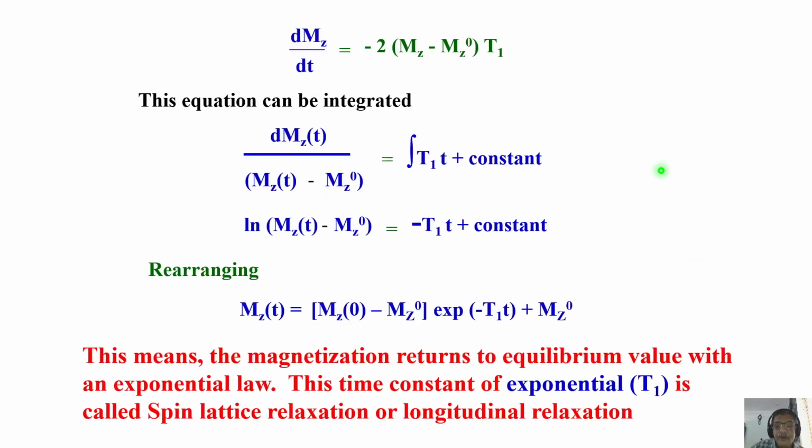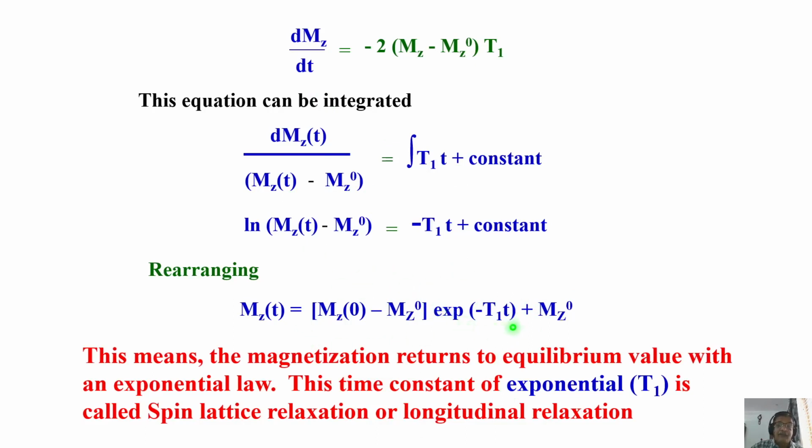Remember. Okay, so now with this equation, you try some jugglery. You can integrate this equation and do some rearrangement of the mathematics, then you get an exponential term. This shows how the magnetization returns to equilibrium when it is deviating from equilibrium.